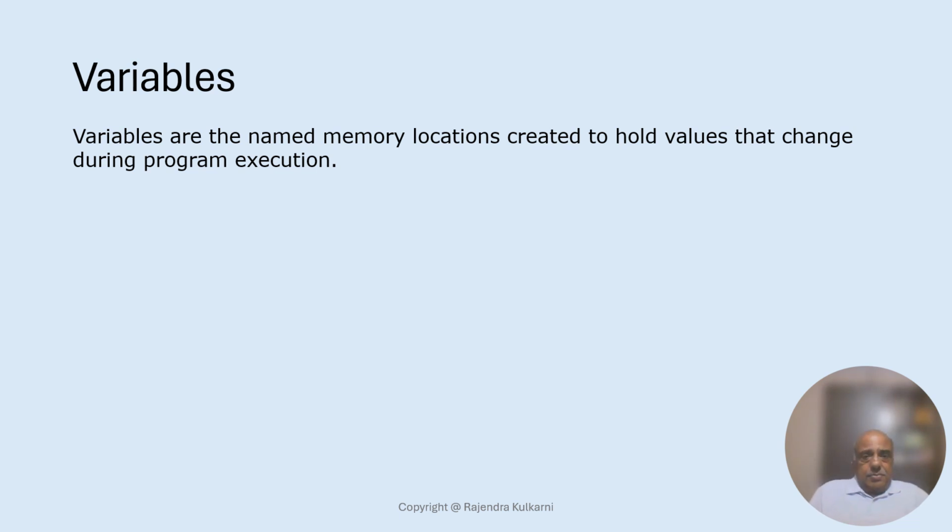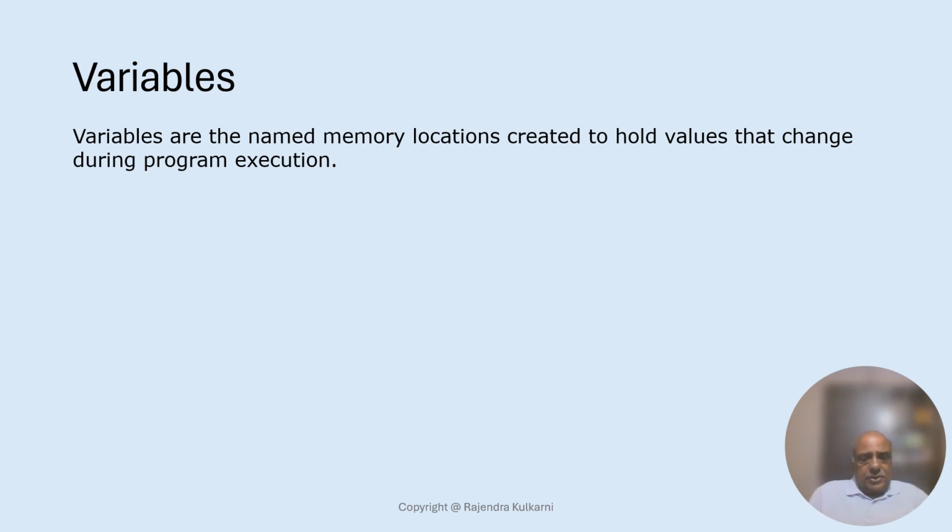Variables are named memory locations. A memory location, up till now what we have seen for constants, has an address. In variables, those addresses are associated with variable names, and they are created to hold values that change during program execution.